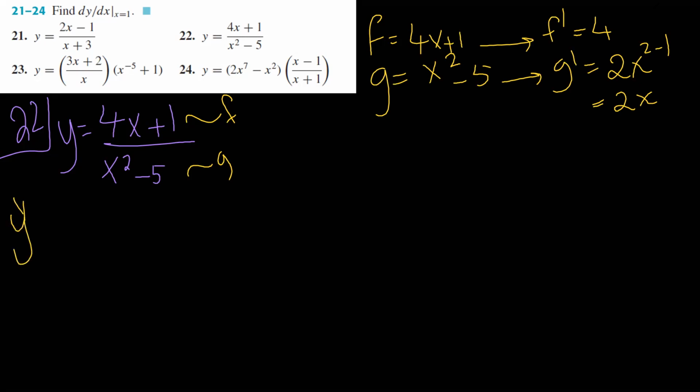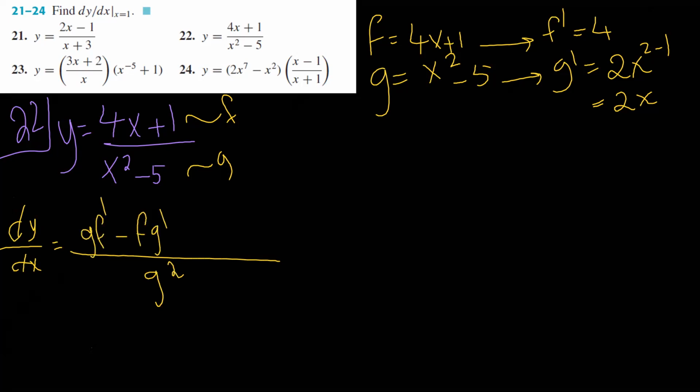So y prime, or dy over dx, let's write it: dy over dx is g squared, then g times f prime minus f times g prime.